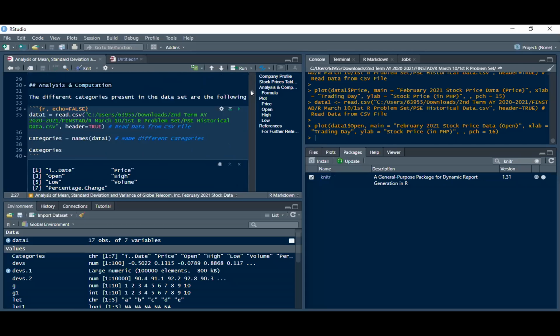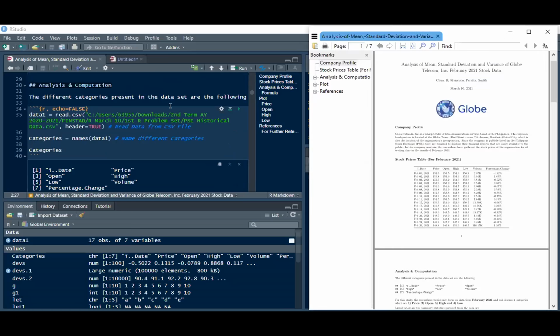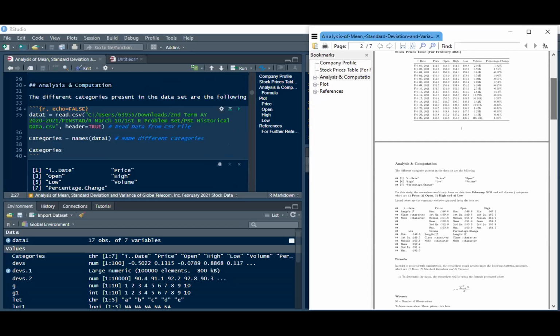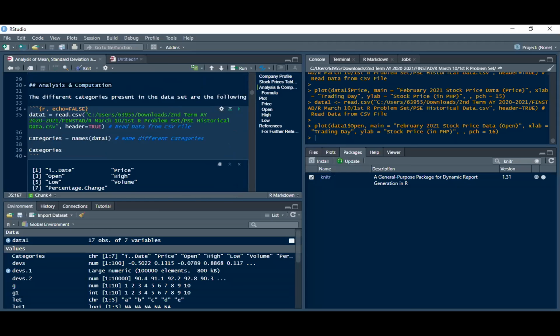Then scroll down. For the analysis and computation, we would like to first determine the categories present in our data. So we read the file first.